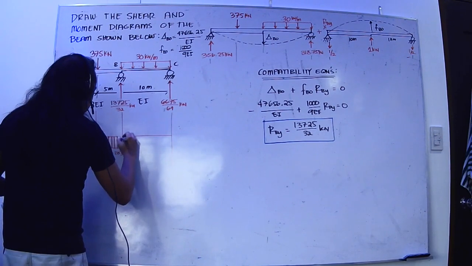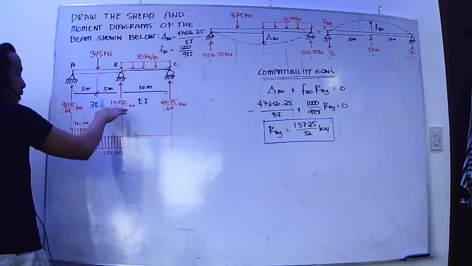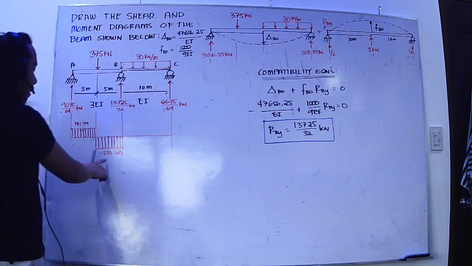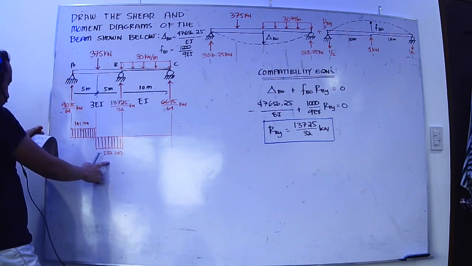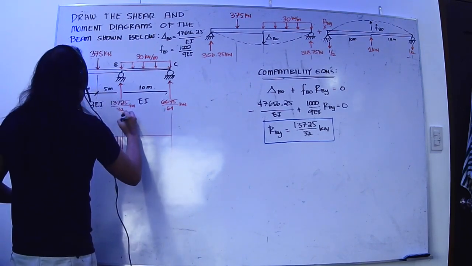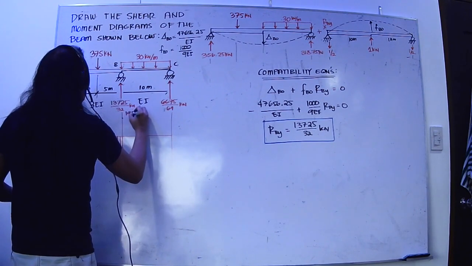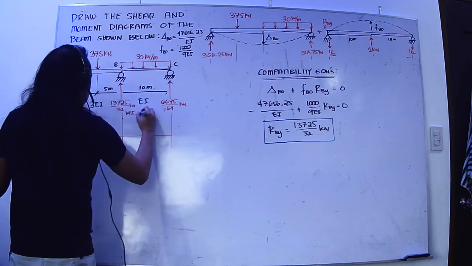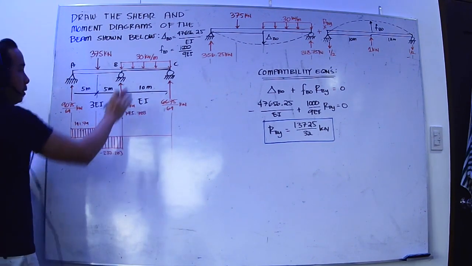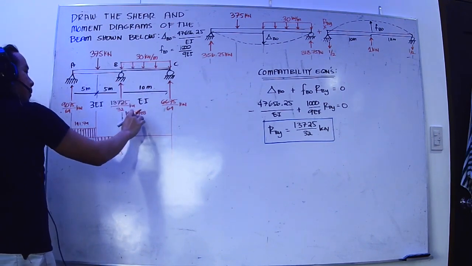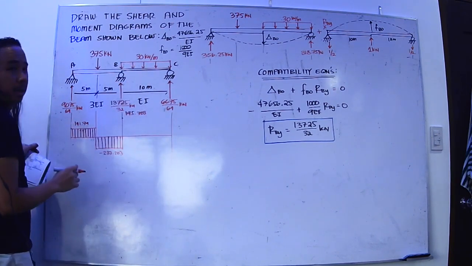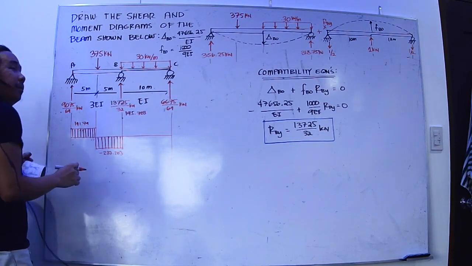Then, we identified the spike of 137.25 over 32. We add this to this, and it becomes 195.703. For the distributed load, 195.703 minus 300. 300 is from 30 times 10.